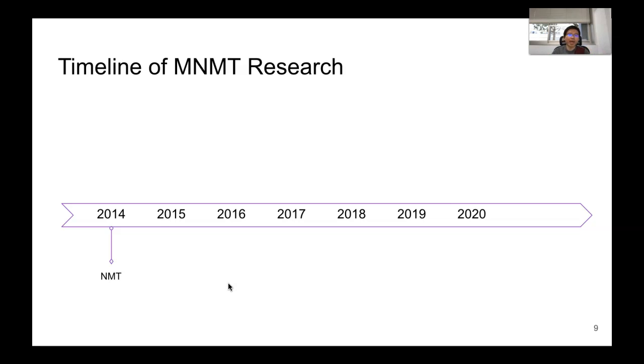At that time, we had the first sequence-to-sequence model, which has affected research not only in MLMT, but also in NLP in general, I think. So in that year, 2014, we had the first MLMT model, and in 2015, we had the MLMT model with attention, which helps to solve the generation of long sentences, right?